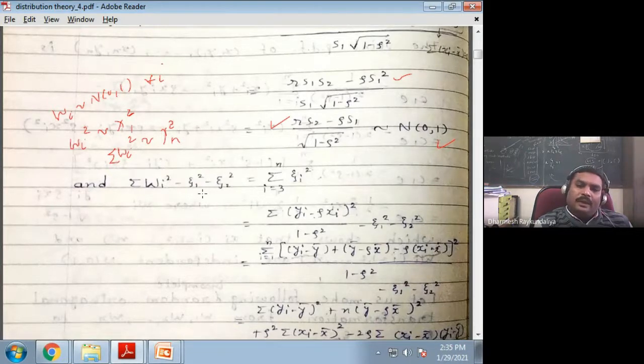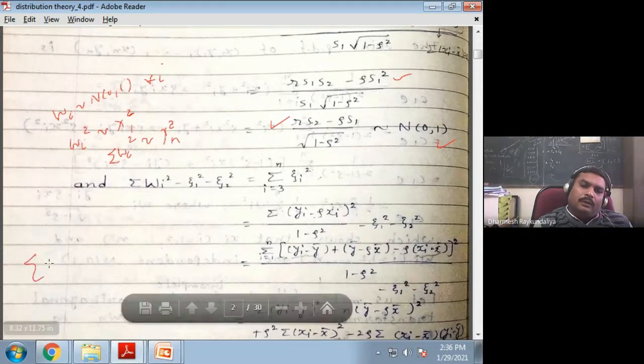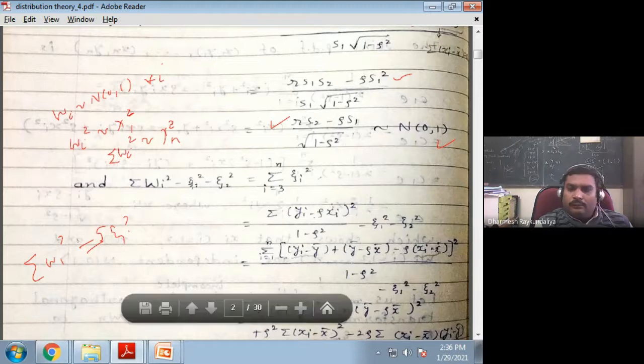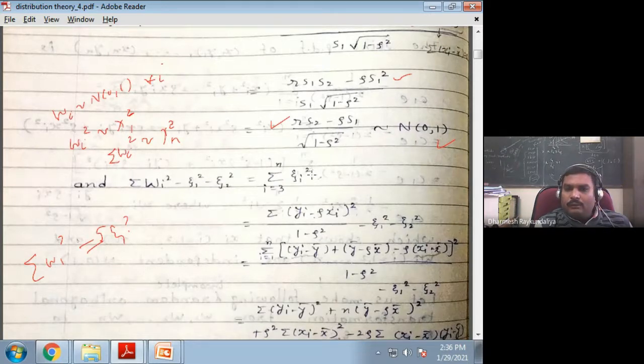So if I am saying that, because I am transforming w1, ..., wn to xi1, xi2, ..., xi n, we also know that in orthogonal transformation summation wi square is nothing but the summation xi square, this we know. So it is i equal to 3 to n, xi square.